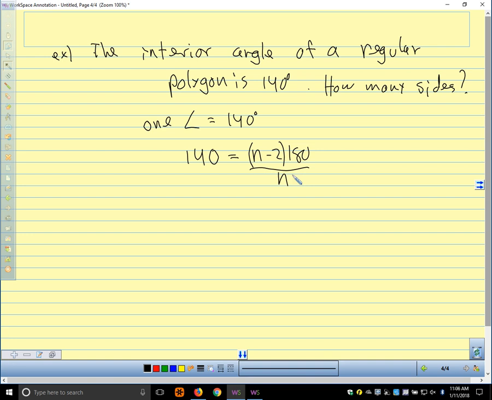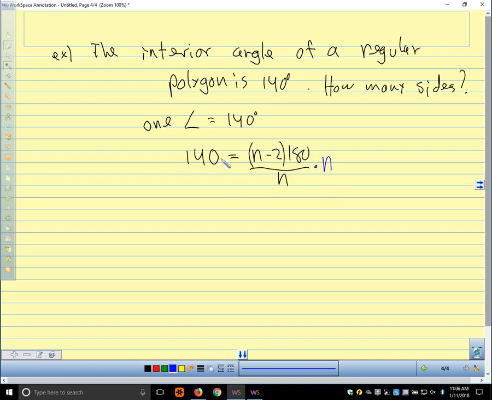And then this is an algebra problem. We're just trying to find n. To solve for n, what's the first thing we do? Multiply by n, right? We want to get that n out of the bottom. By n.